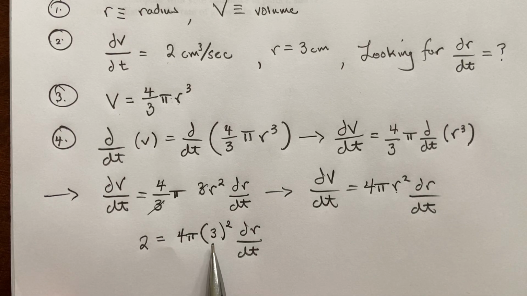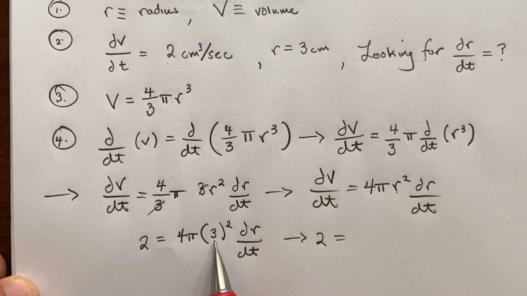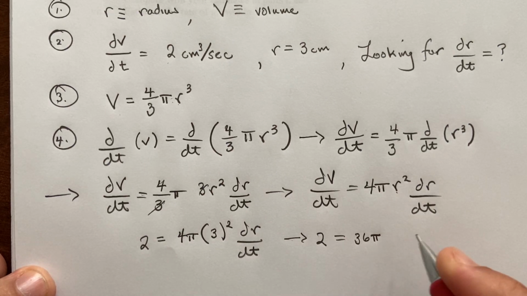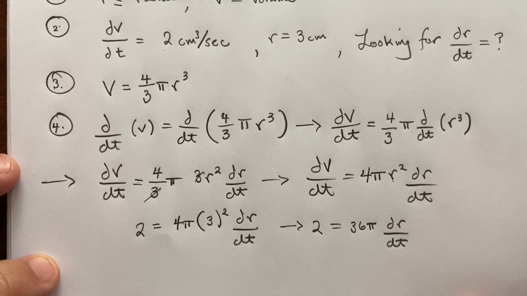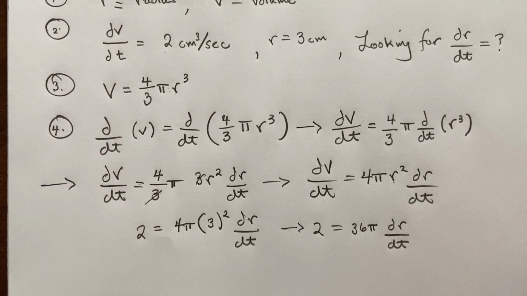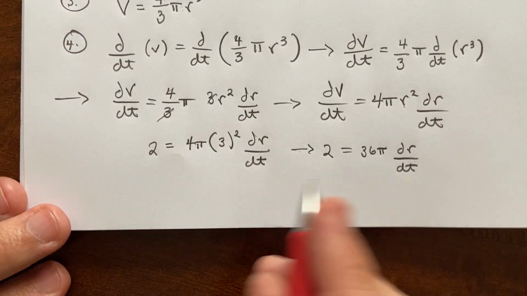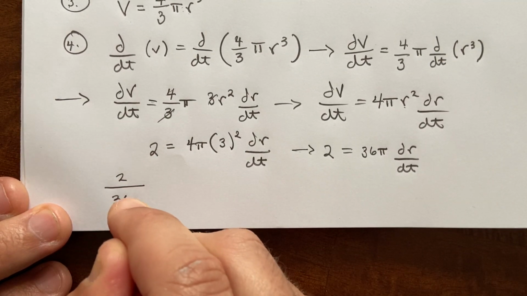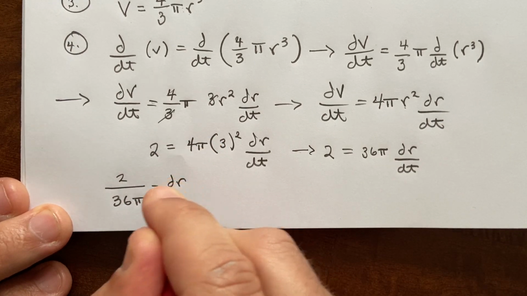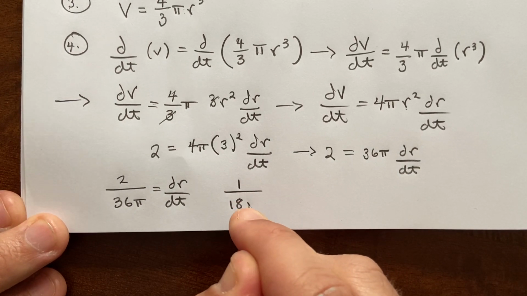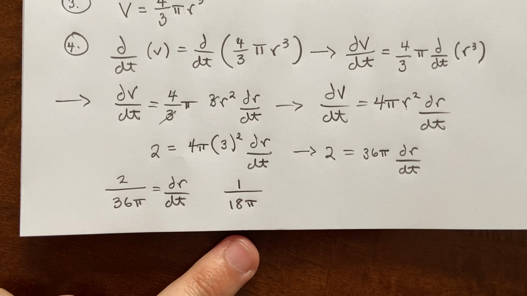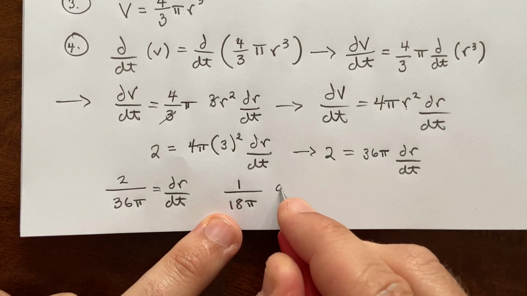So now going ahead and squaring, writing this more simply, we have 2 equals 3 squared is 9, so 9 times 4, I have 36 pi times dr/dt, and then dividing both sides by 36 pi. So I have 2 over 36 pi equals dr/dt, and in other words, I can say 1 over 18 pi, and that would be in units of centimeters per second.